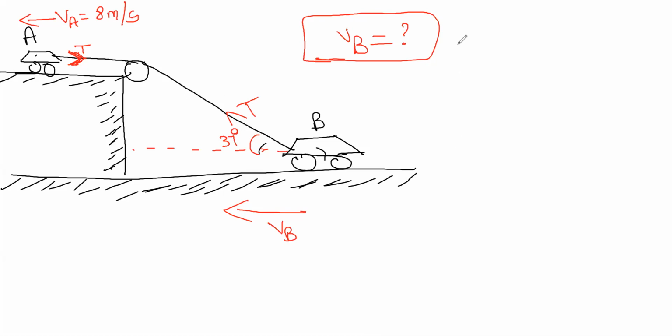That's it. Now tell the equation. Will it be negative 8T? Negative 8T plus, whether plus or minus we will see that, T into 3 by 5 V2 should be equal to 0.